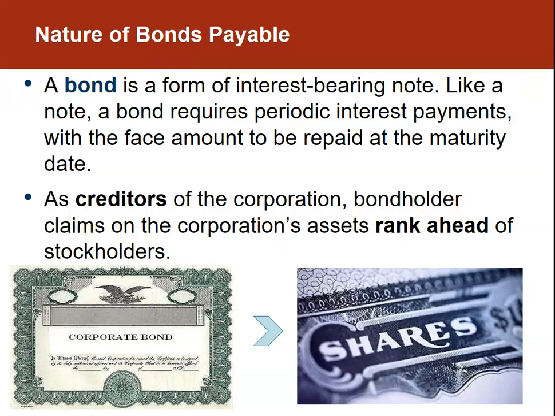Okay, so in the event that the corporation were to have to file for bankruptcy and liquidate assets, bondholders have a stronger position in the event that a company is liquidated.